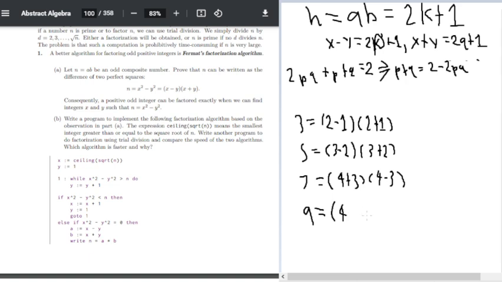Wait. So an odd composite number, n equals 3 times 3. So we can factor it as... Wait, okay. Let me double check the restrictions of the problem. Alright, if it's an odd composite number, then it can be written as the difference of 2 perfect squares.